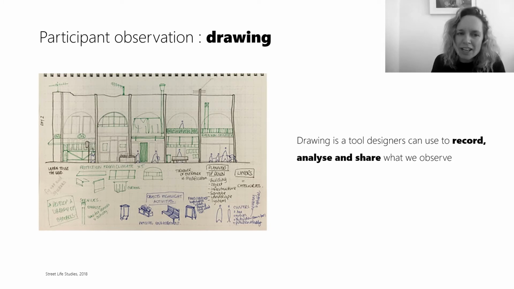And we use drawing, not just to create visual images that record what we've seen. We use drawing to actually think through and analyze the patterns of street life that we're observing, and then to share what we are observing back with the community to say, did we interpret this correctly? Are we seeing this correctly? Are we hearing you correctly? And then manipulating our drawing, updating it again.